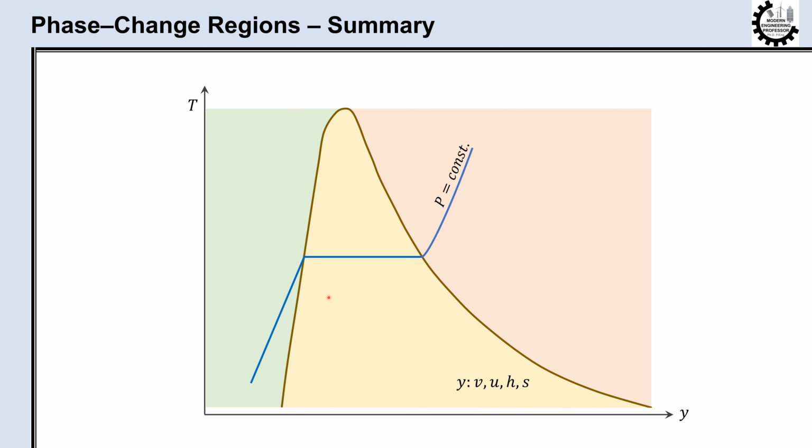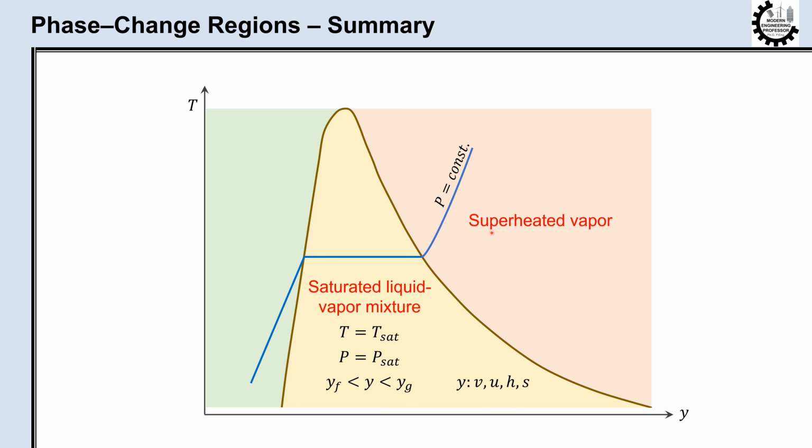Under the saturation dome, we have the saturated liquid-vapor mixture region. This region is characterized by saturation temperature, saturation pressure, or a thermodynamic property having a value between its corresponding liquid and vapor values. The superheated vapor region is located on the right of the dome.